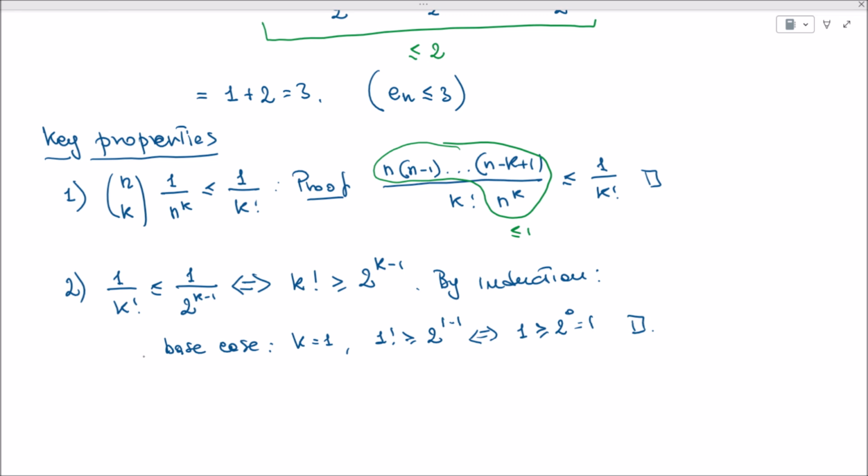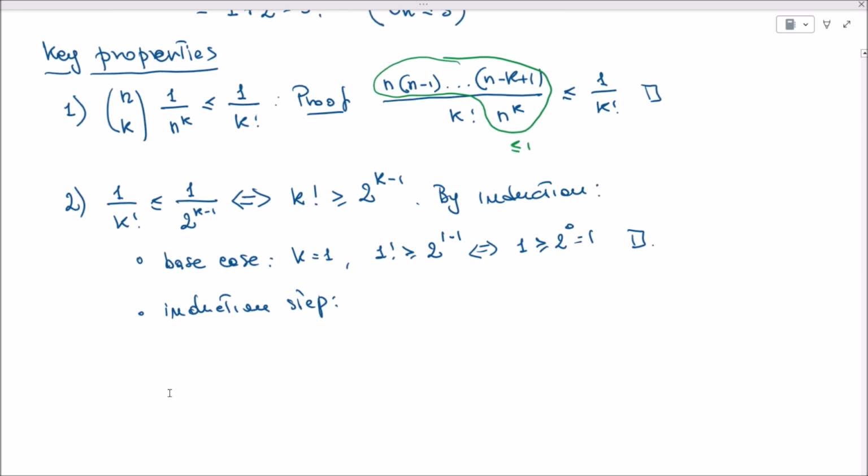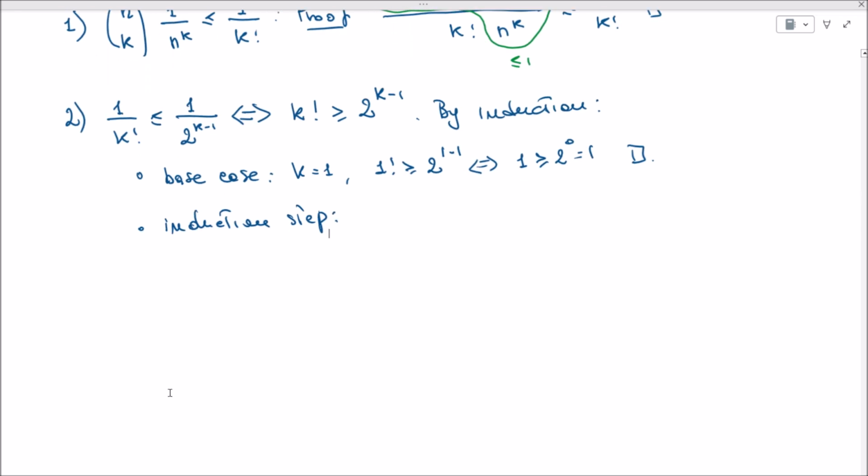So base case is done. Then let's prove the induction step. The induction step is the following. If k factorial is larger than or equal to 2 to the k minus 1, then it follows that k plus 1 factorial is larger than or equal to 2 to the k plus 1 minus 1, which is just 2 to the k.